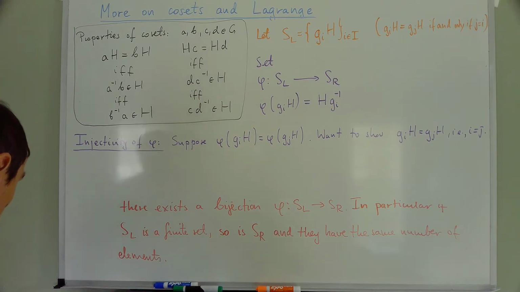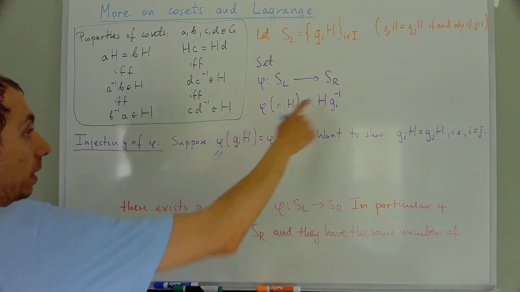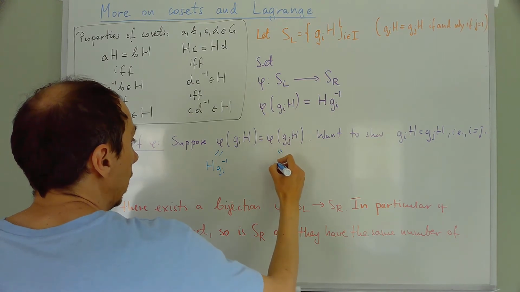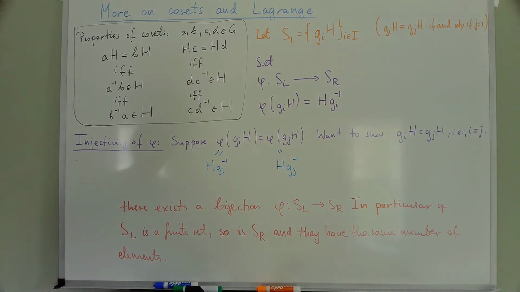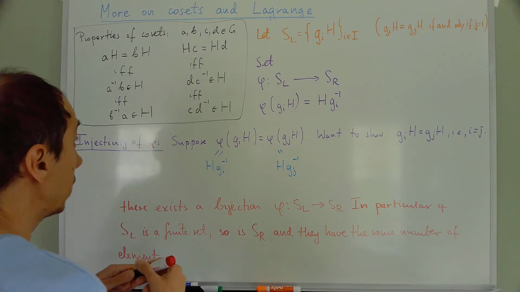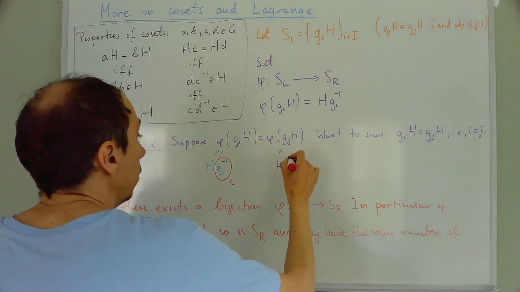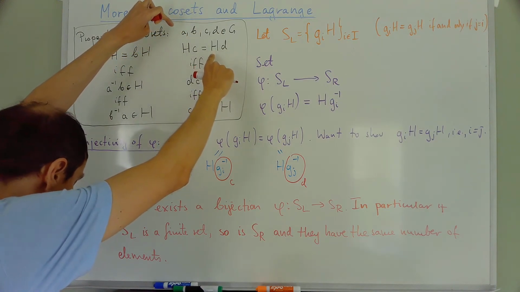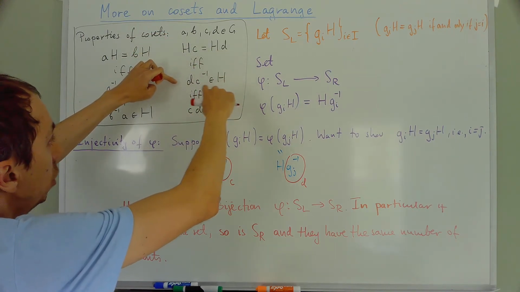The left-hand side is by definition H g_i inverse, and this thing is H g_j inverse. Okay, these are right cosets. So I'm thinking of this here as C, and of this here as D. Look at this. HC is equal to HD. And so I'm going to use this property, HC is equal to HD, if and only if.